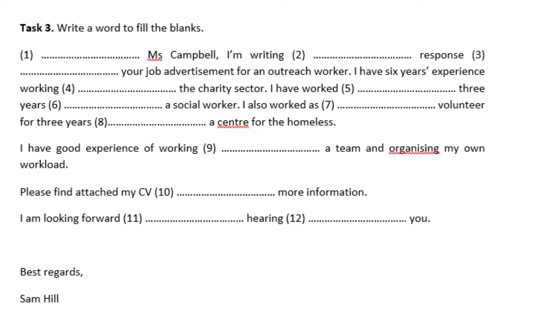Number 5 is for. I have worked for 3 years. Number 6, I have worked for 3 years as a social worker. Right, the answer is as a social worker. And then I also work as a volunteer. Number 7 is I work as a volunteer.